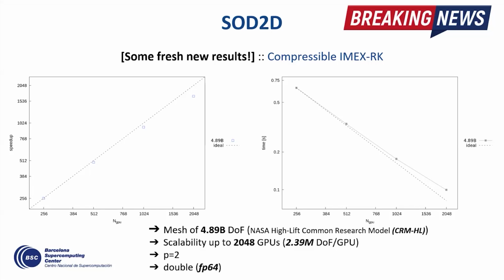For the moment, we have asked for more GPUs, but the people ruling the MareNostrum 5 queue say no, because this is almost half of the GPUs of MareNostrum 5. So we were allowed to go up to that number. We have to run in double precision because of the mesh, okay? And you can see that this is run with the implicit-explicit Runge-Kutta, okay? Very good scalability up to 2048 GPUs. So we are quite happy with the results, okay?